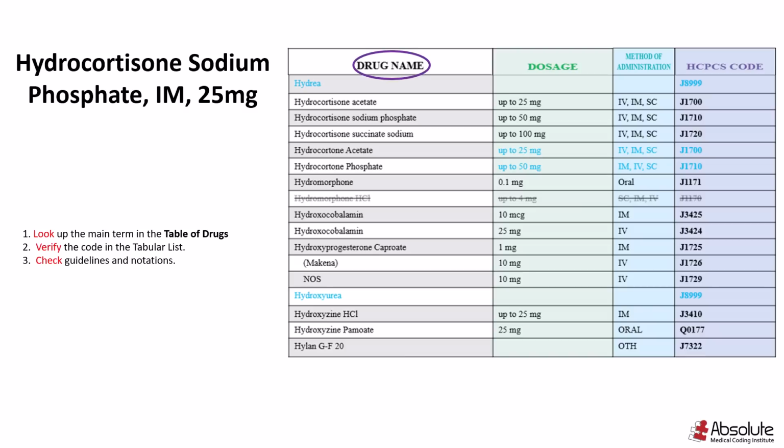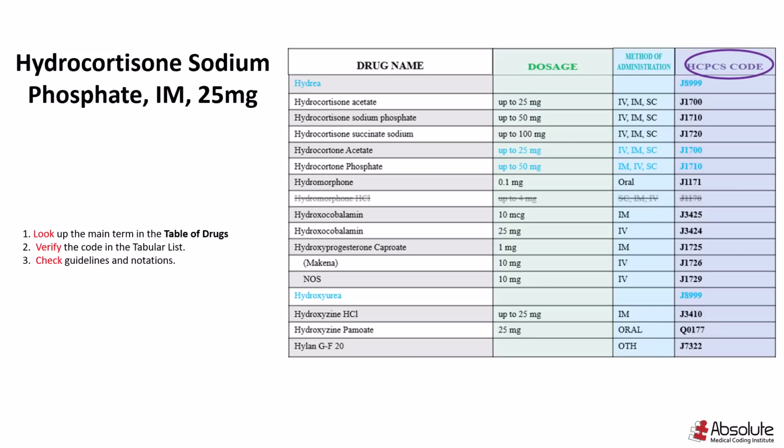Our main term is going to be the drug name, and here it is hydrocortisone sodium phosphate. And next we have to check for the dosage administered, and then the method of administration. If you get all these three right, you're going to get your big score.